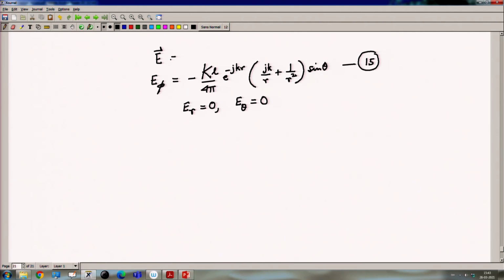So, therefore, the radiated electric field will only have a phi component, with the radial component of the electric field 0 and with the elevation component, or the theta component, of the electric field also equal to 0.